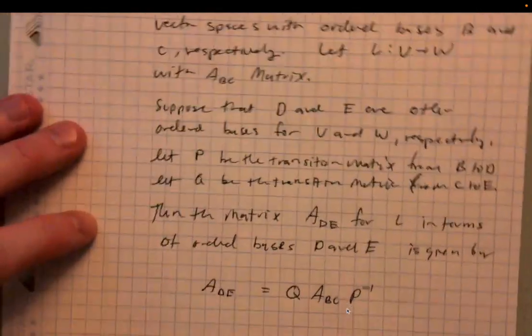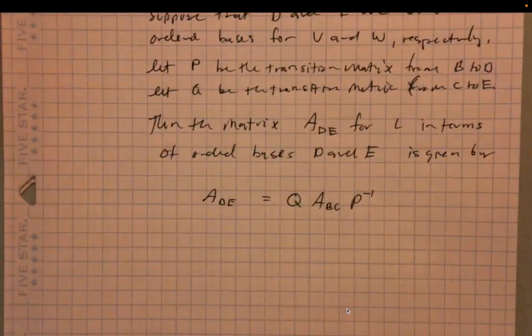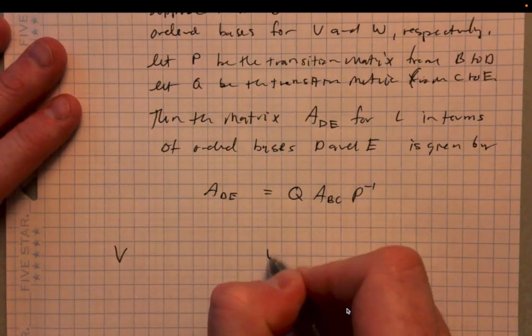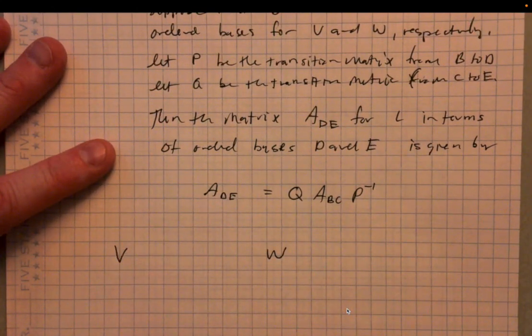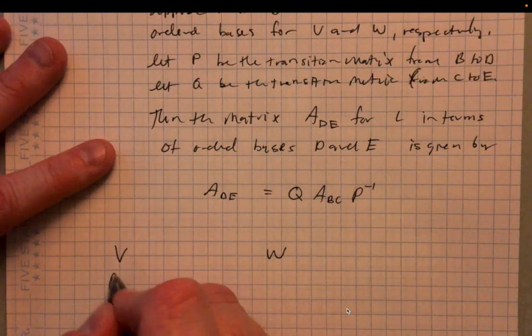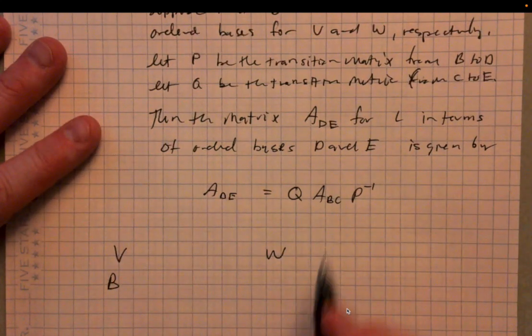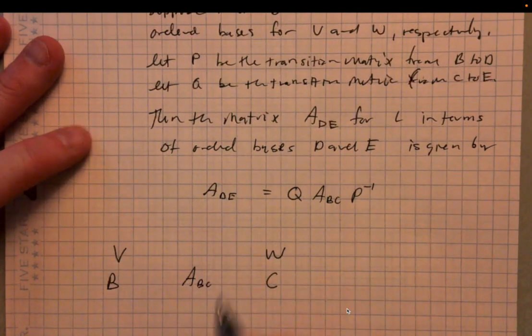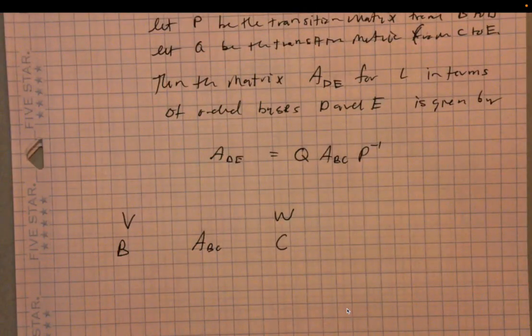As I said, this is a very wordy theorem, so let's see if we can break this down a little bit. So I've got V and W. Over here on V, I start with ordered basis B, and on W, I start with ordered basis C. Now I've got a matrix A sub BC, sorry, this is not a transition matrix.